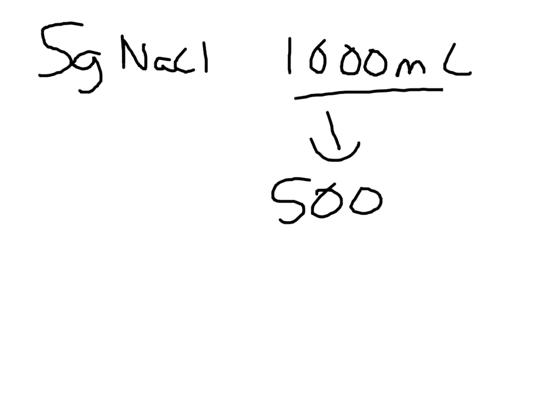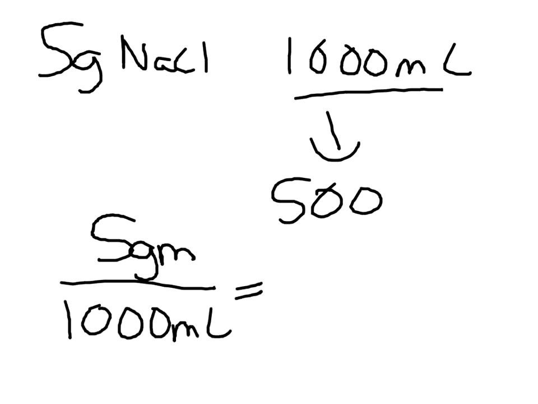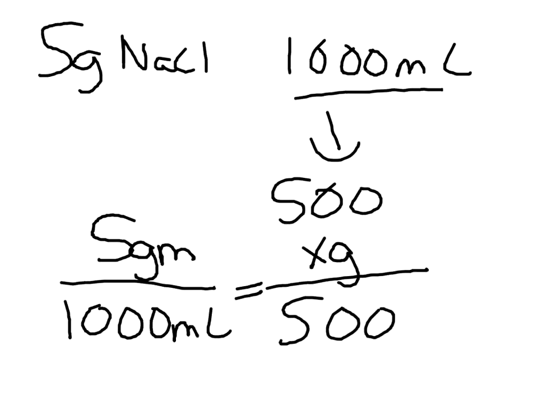So we set that up as a solve for X problem, and that's how we determine proportions. So what we're going to do is we're going to take the facts that we know and plug in the ones we don't. So we know that we have 5 grams to 1,000 mils. Okay? What we need to figure out is how many grams for 500 mils. Okay?